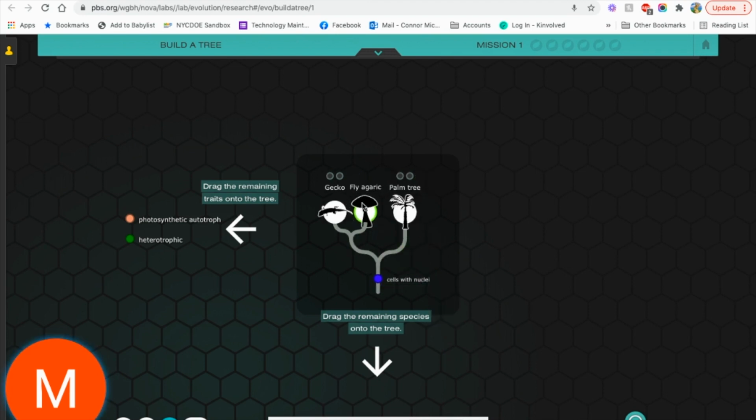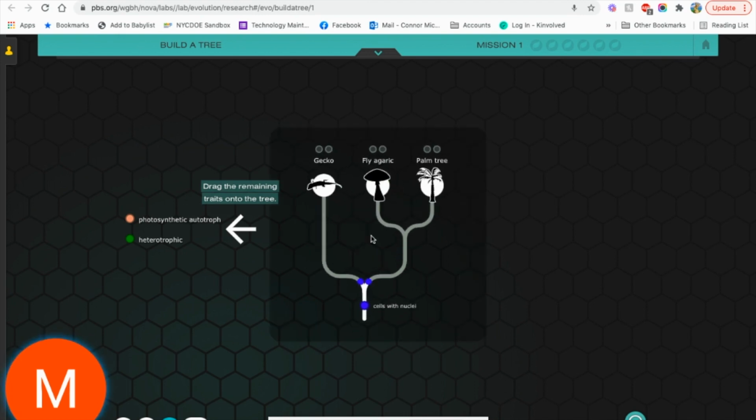Now, if you pop it over here, you have heterotrophic. Now we know heterotrophic, they consume food. So I know these guys consume food, and I know, or I think, these both go through photosynthesis.